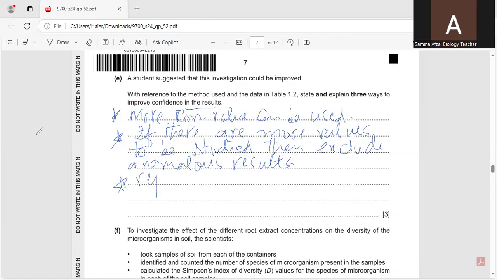And repetition. So in this way we can be able to get the accurate results.